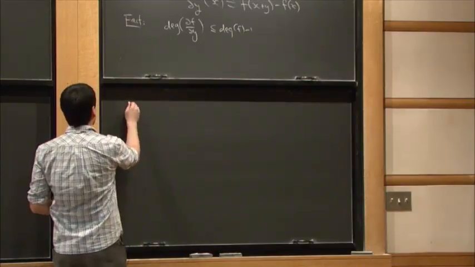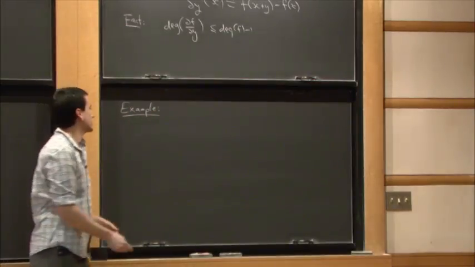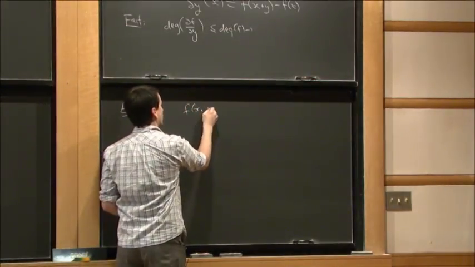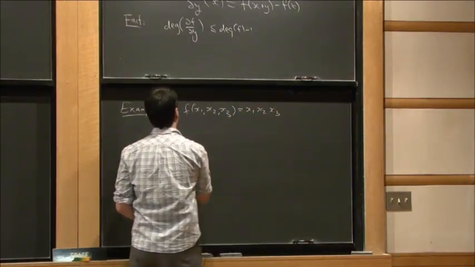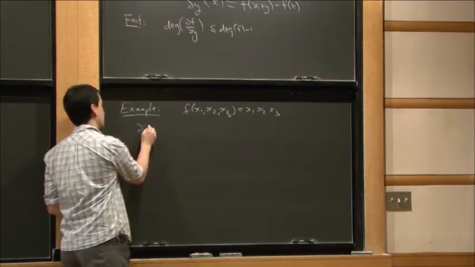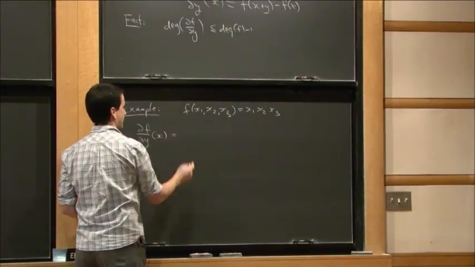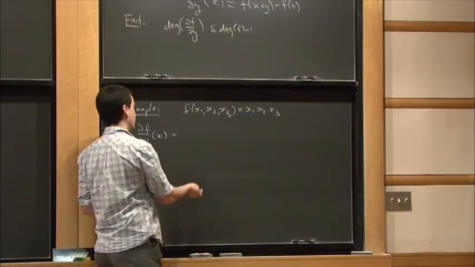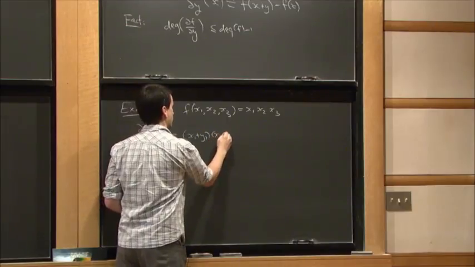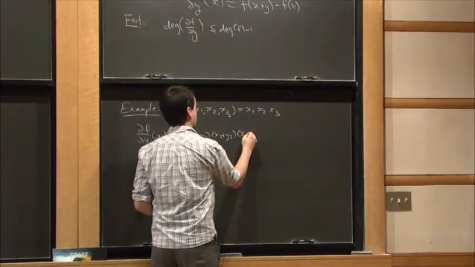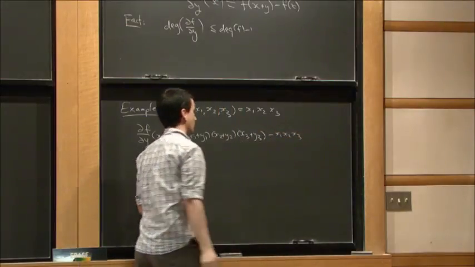Let's prove it by an example. Take the function x1, x2, x3. Now when we take the derivative with respect to direction y, what do we get? We get (x1 plus y1) times (x2 plus y2) times (x3 plus y3) minus x1, x2, x3.